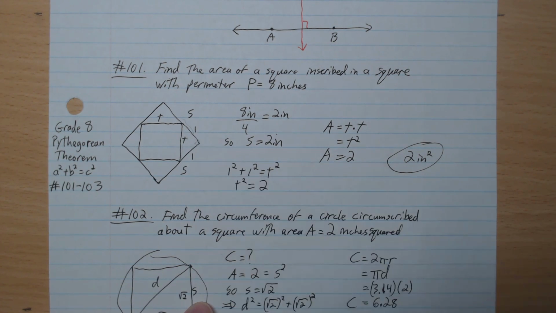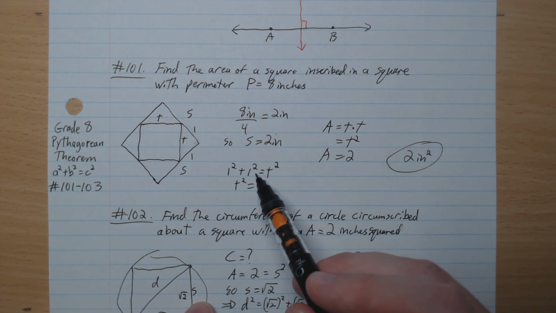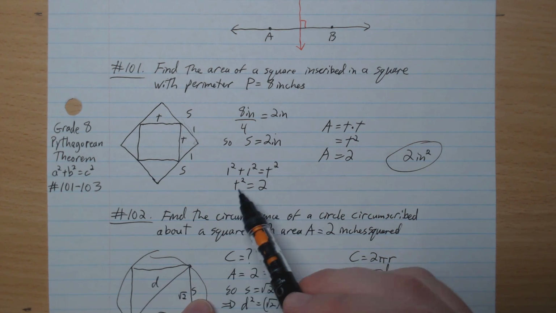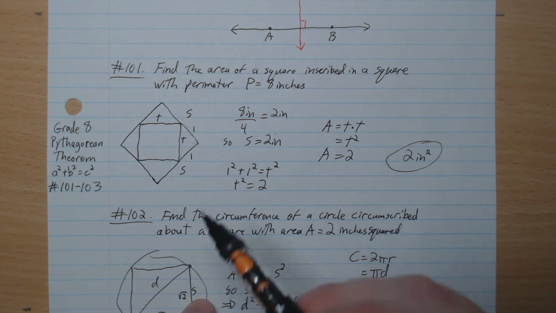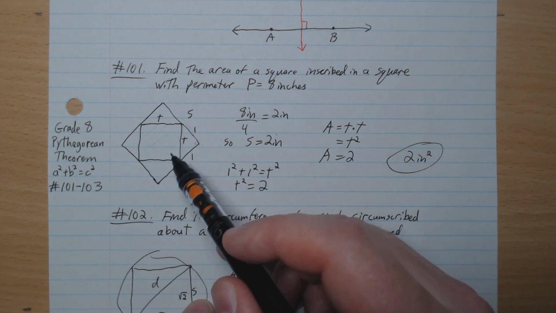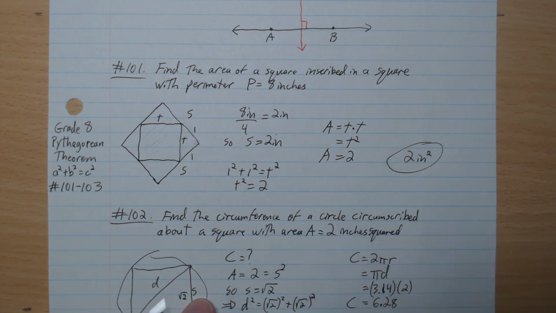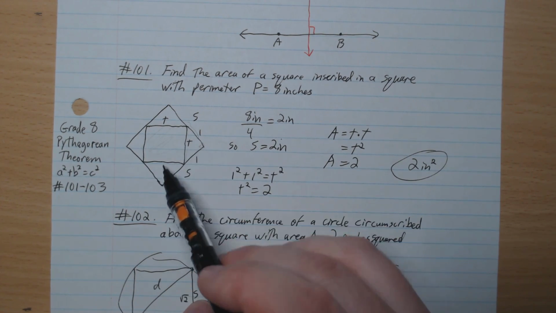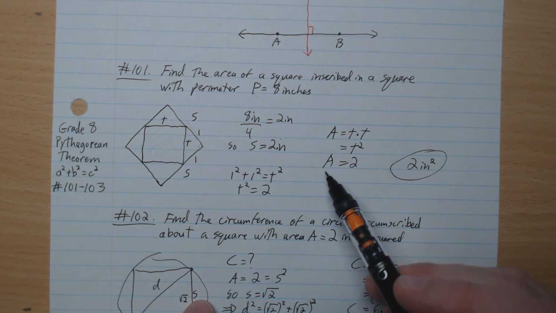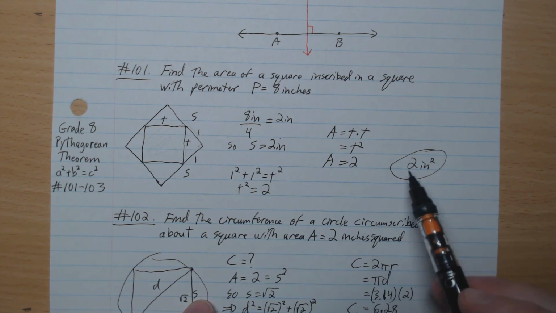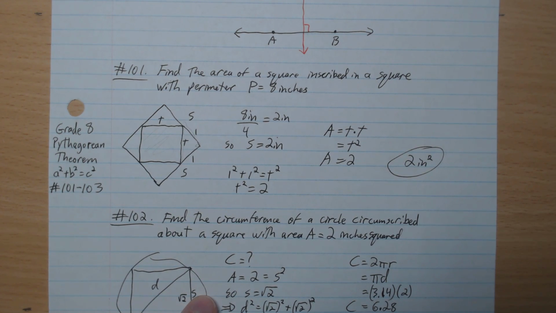This is a right angle triangle like that. So T squared equals 2. And the area of this square here is t times t. T times t gives this area, t squared. So A is t squared, which is 2. So 2 inches squared is our area.